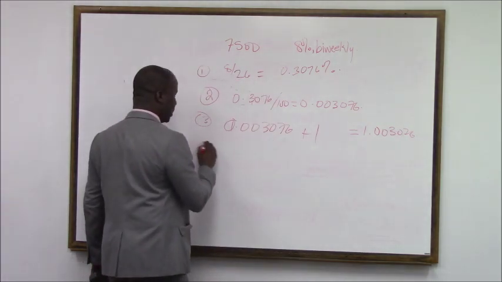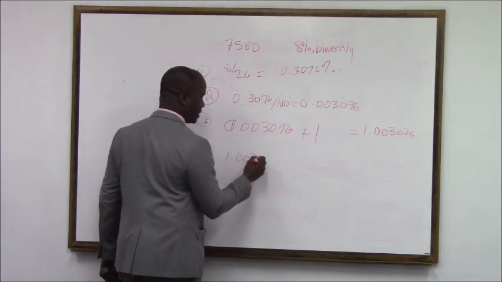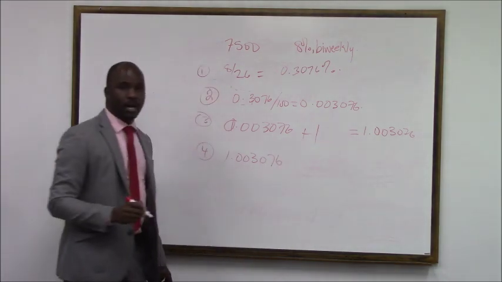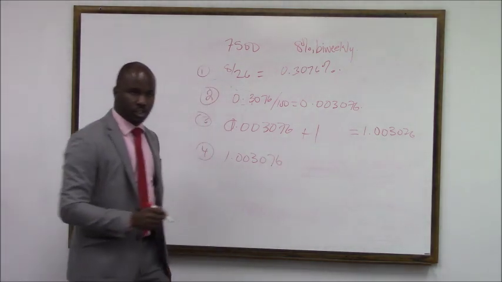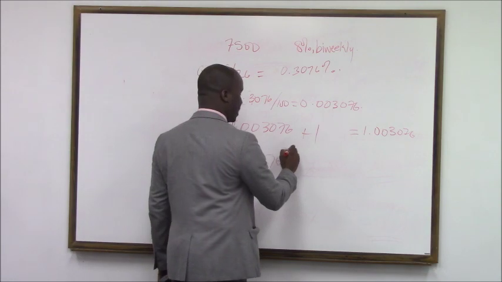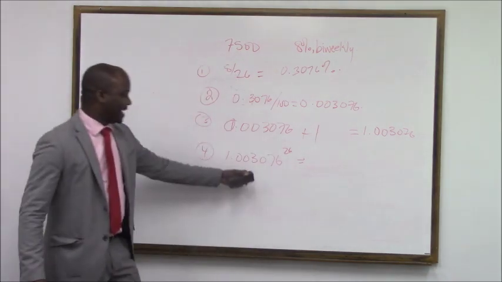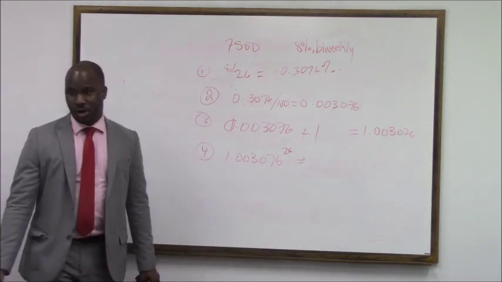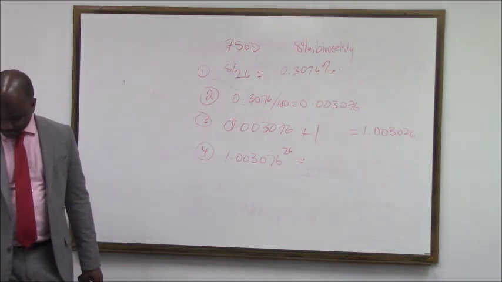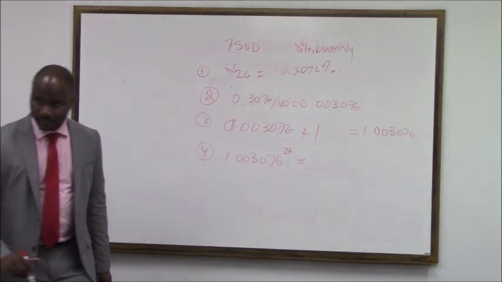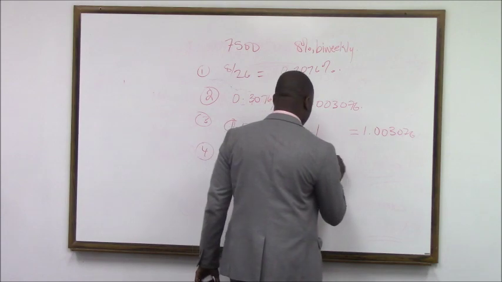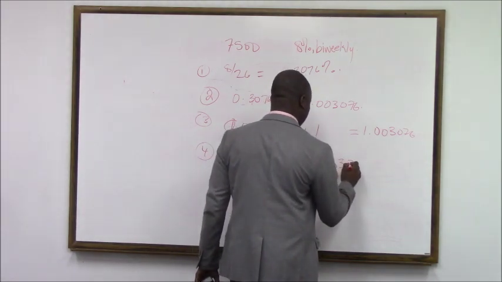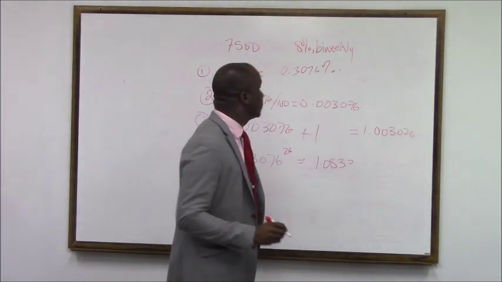Then number 4: 1.003076 to the power of what? 26. You sure? Tell me what you get. 1.08331.